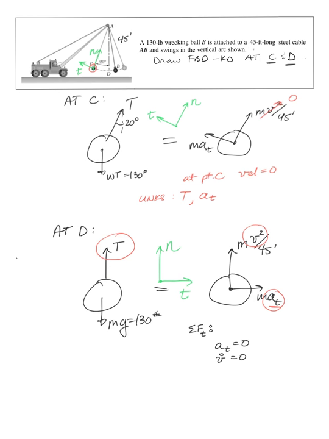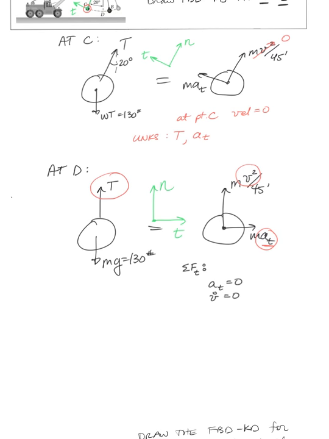So this is going to require some kinematics. Using kinematics, we'd be able to use an expression like a ds equals v dv, and we would integrate from the velocity at point C to the velocity at point D.